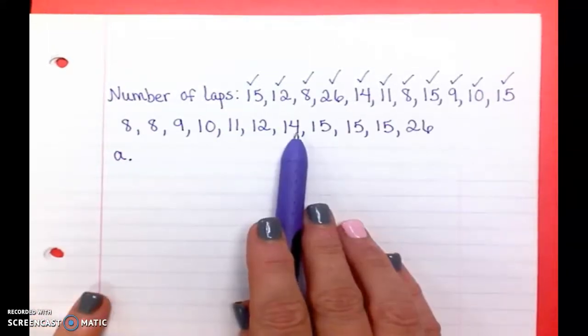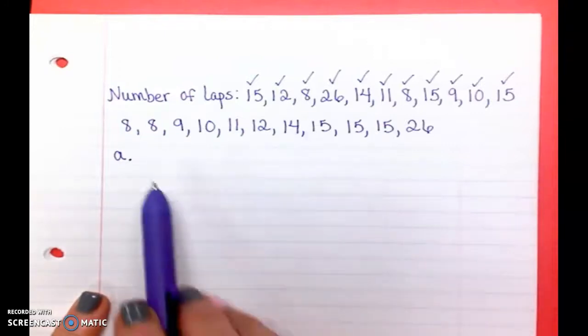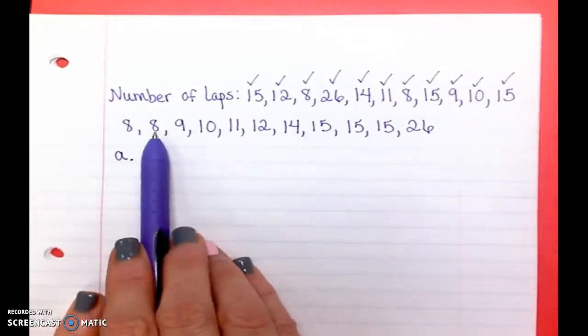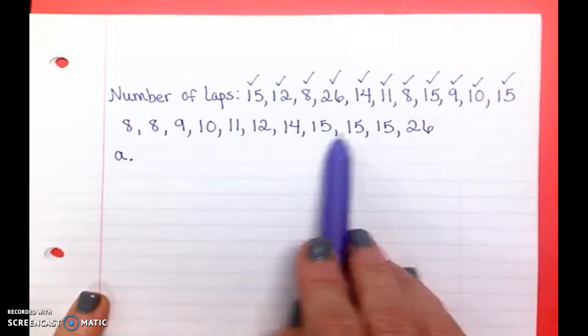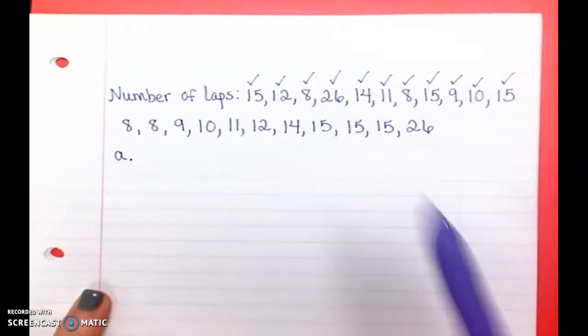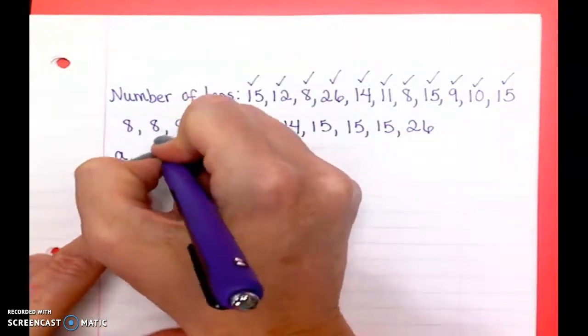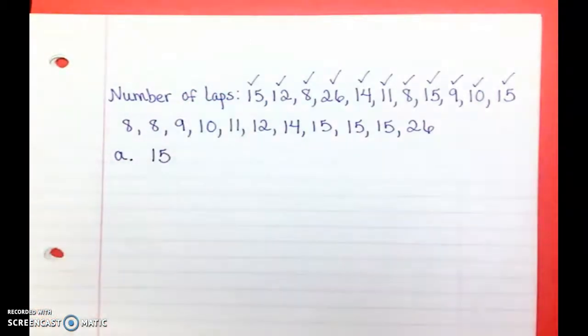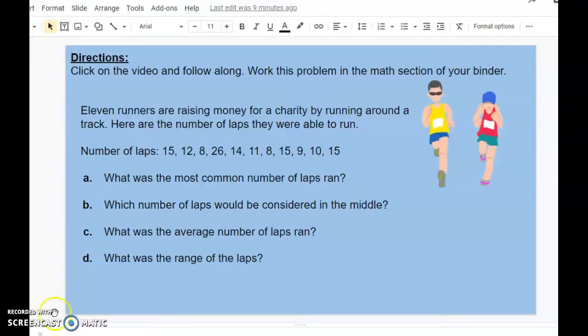So the number that's on here the most. So we've got a couple of 8s here, but we have 3 15s. So we can see that 15 would be the most common number, the number that was in our list the most.